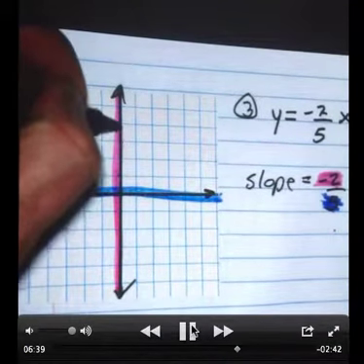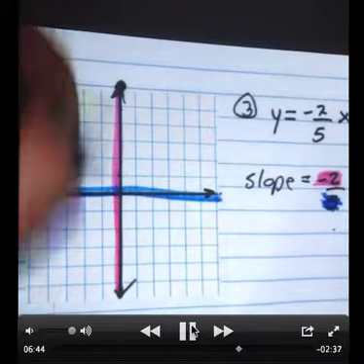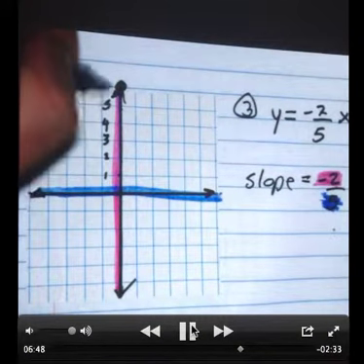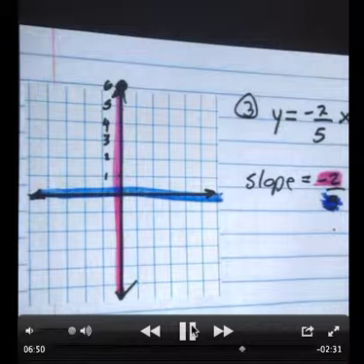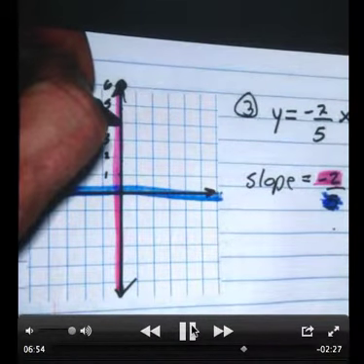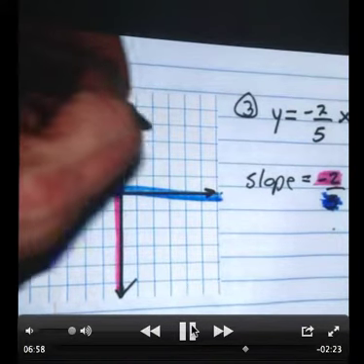So we start at 6. Now we're going to go down 2 and over 5. That's what our slope tells us. Down 2 and over 5. We're going to skip 5 of our counters.